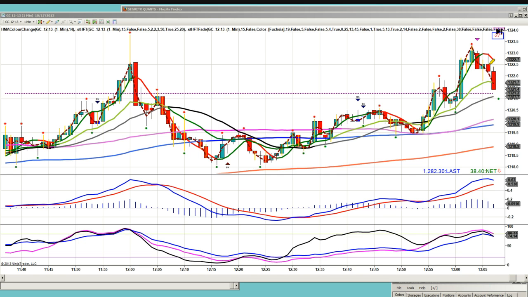But then I have to talk and help those who are not so experienced and confident, especially the ones who've lost a lot of money. You're a little bit more hesitant because you saw that this arrow didn't work. Do I believe this arrow now? Maybe you think a little bit more. And what happens is by the time you get in, maybe you get in at the low of the bar.